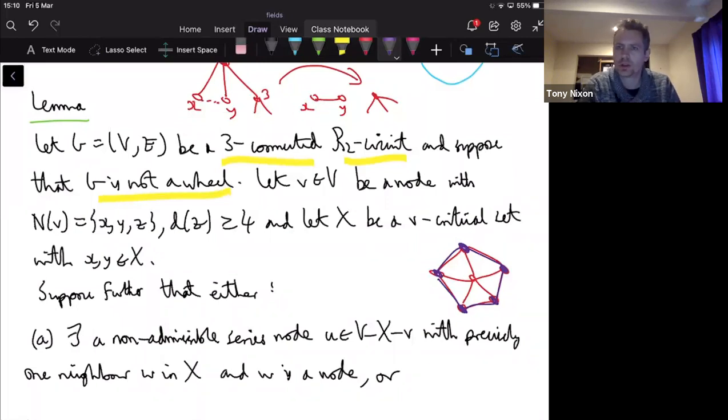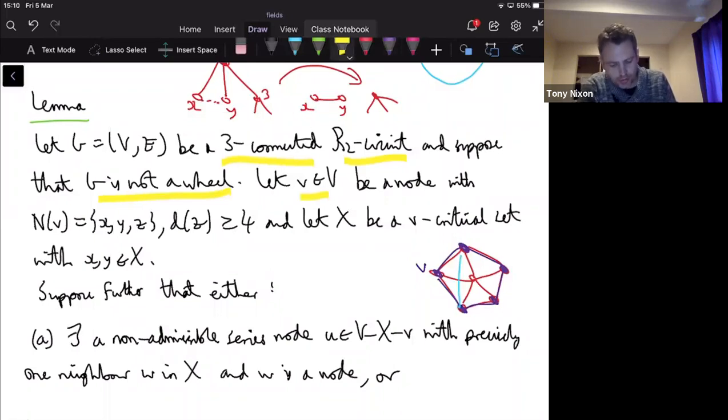And forests have nice properties that make things a bit easier to deal with. In particular, they have leaves. And we also said that, well, for wheels, every vertex around the outside has degree 3. So what we can do is remove that vertex and add an edge and make a smaller wheel. So that's an easy case you can deal with anyway. So suppose we're a free connected circuit that's not a wheel.